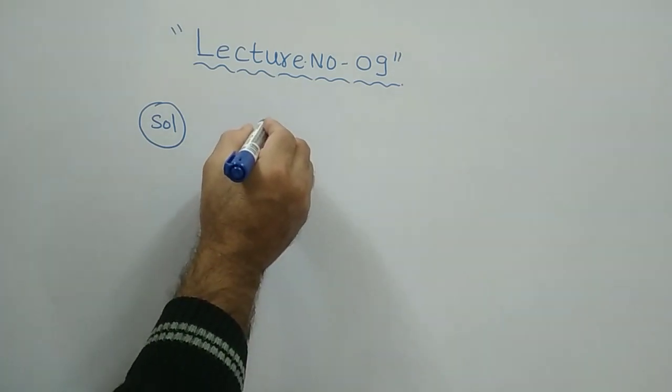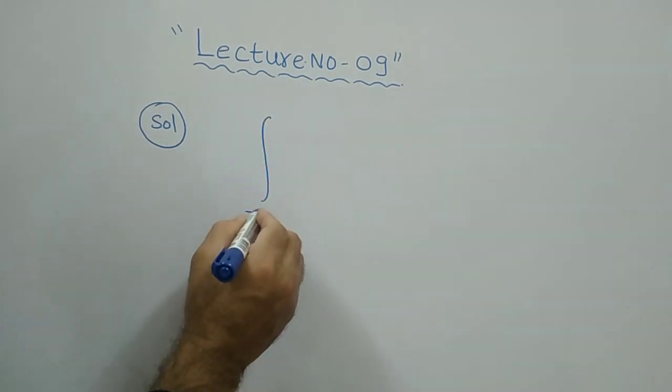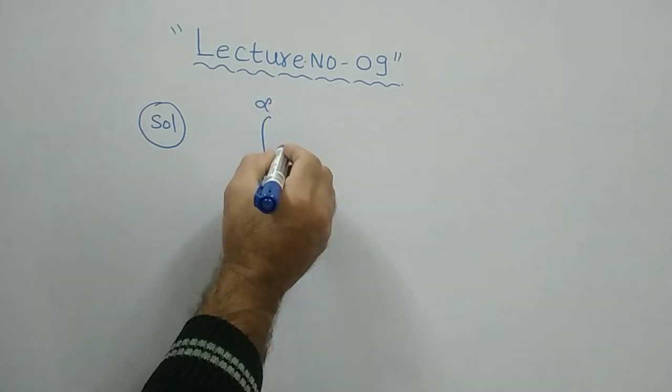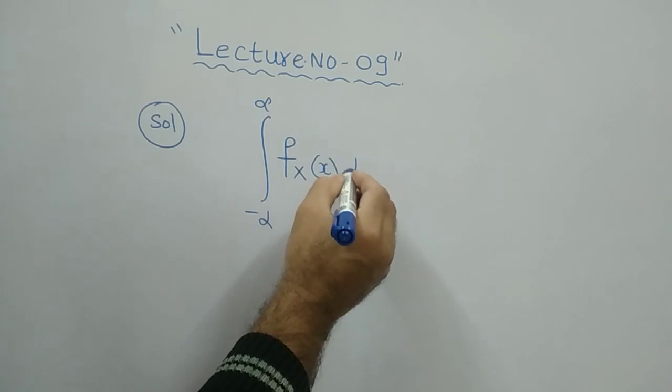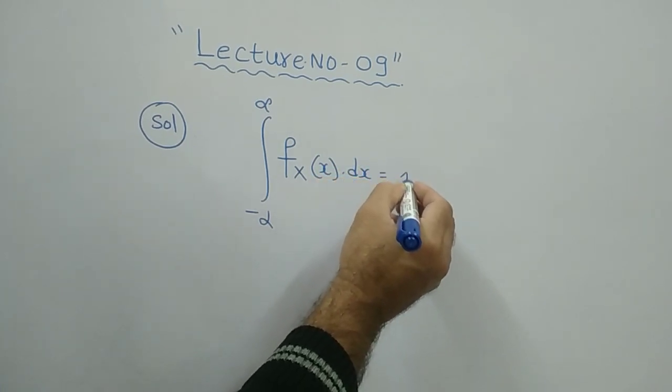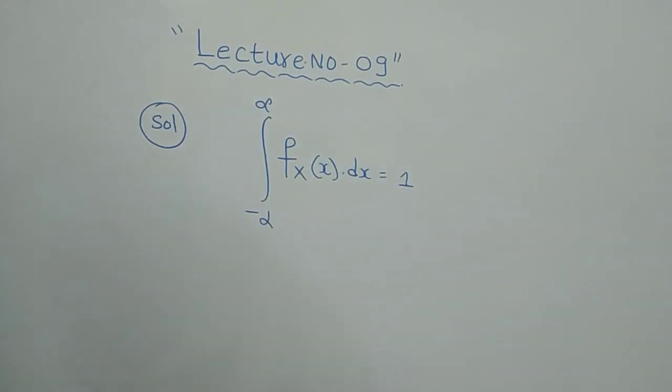The integral from minus infinity to plus infinity of the density function f of x dx must be equal to 1. That is the second property.